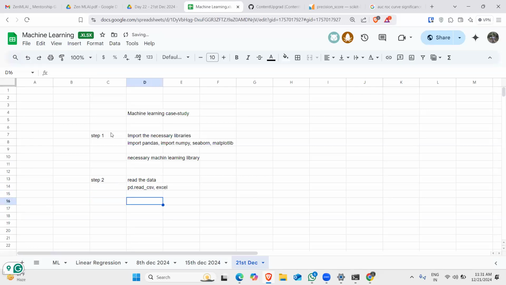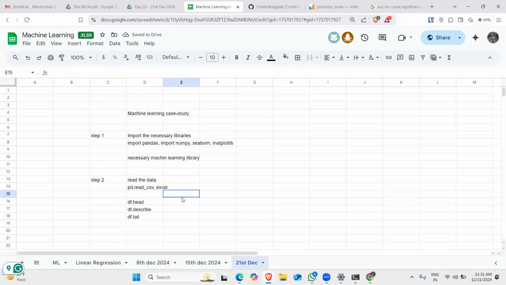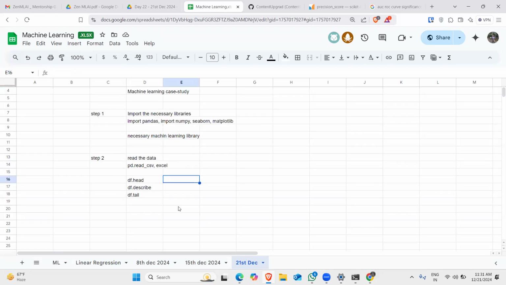Then you write df.head, df.describe, df.tail to check the values, the first 5 records and the last 5 records.